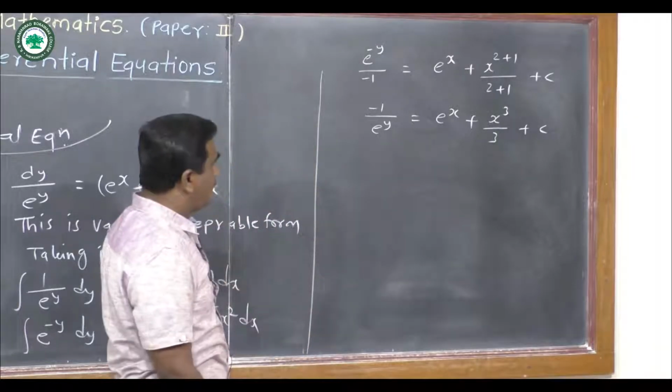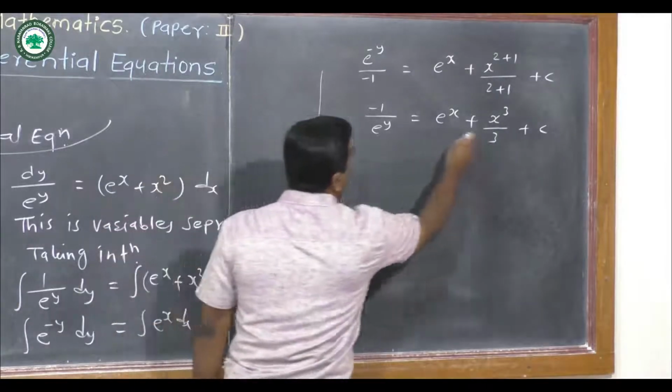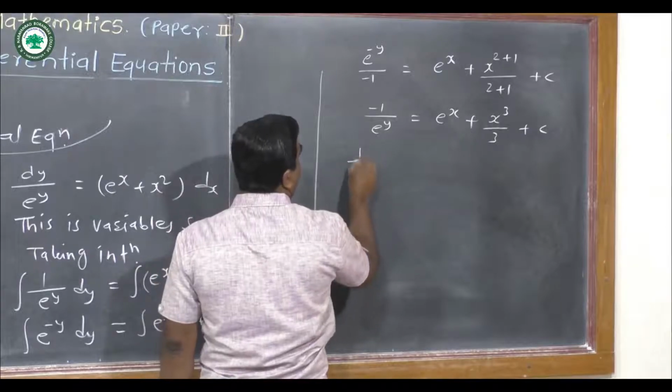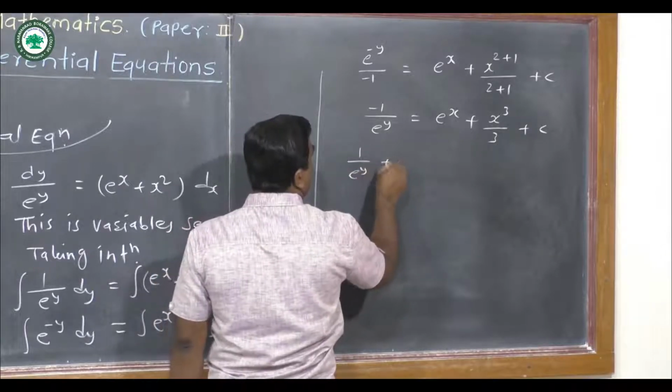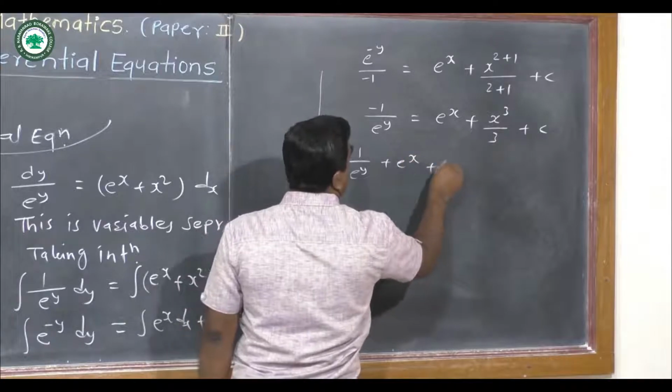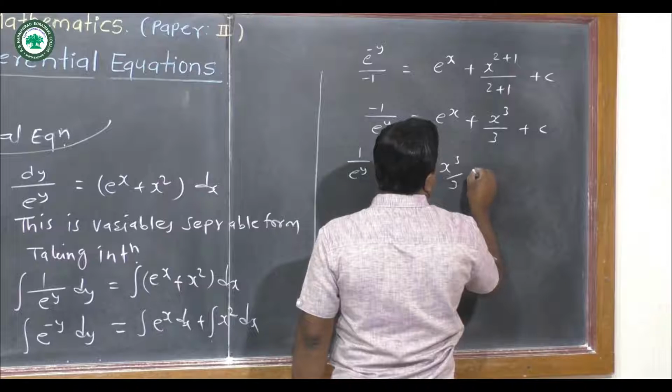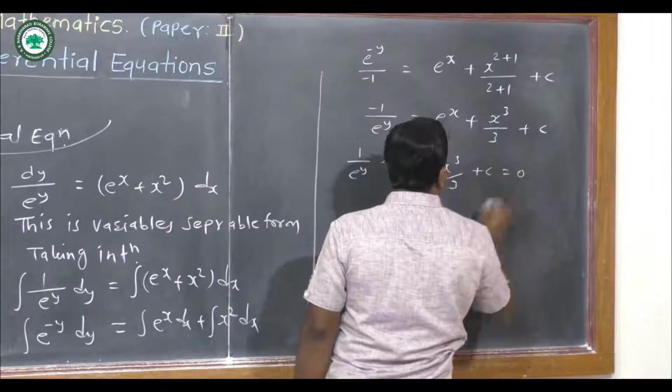Now we can take this minus term to the RHS, then we can write 1 upon e raised to y plus e raised to x plus x cube upon 3 plus c equal to 0.